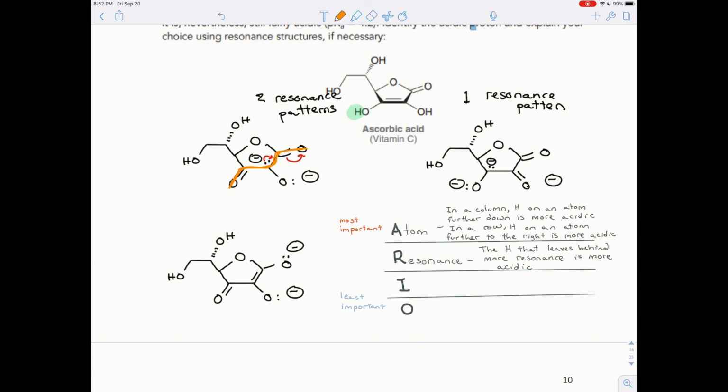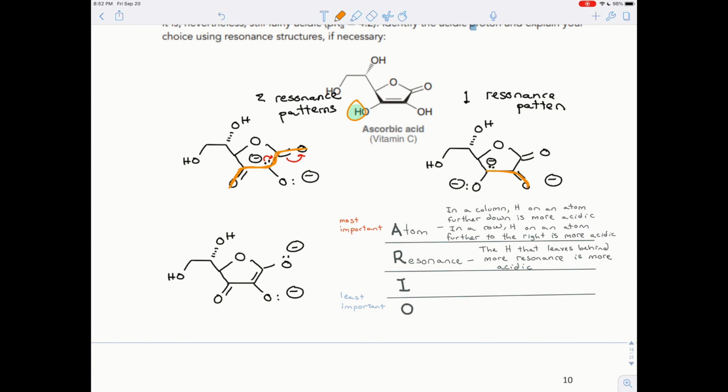Whereas the other hydrogen, this hydrogen over here, when that leaves the molecule, it leaves behind a lone pair that only is involved in one resonance pattern. It spreads the electrons over 3 bonds. The more you spread out charge, the more stable the charge becomes. And so this hydrogen here is the most acidic hydrogen in vitamin C.